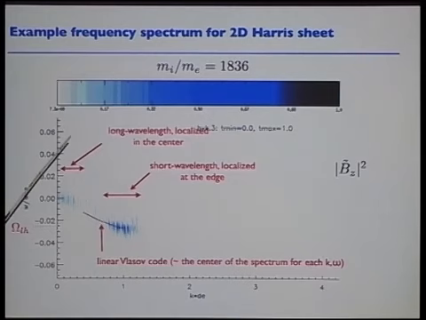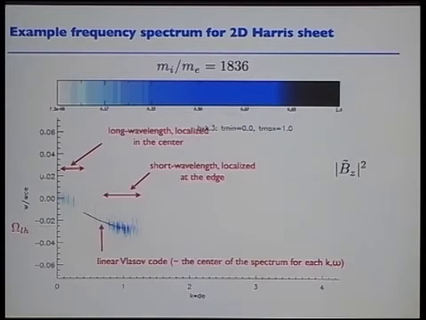So here's a frequency spectrum. The omega is a function of k, where the blue stuff here is just the power density from one of these PIC simulations. The solid line is from the linear Vlasov code, where I'm trying to find the fastest growing eigenmode at a particular k. It's very tedious because for a given k, you actually have a spectrum of unstable eigenmodes.